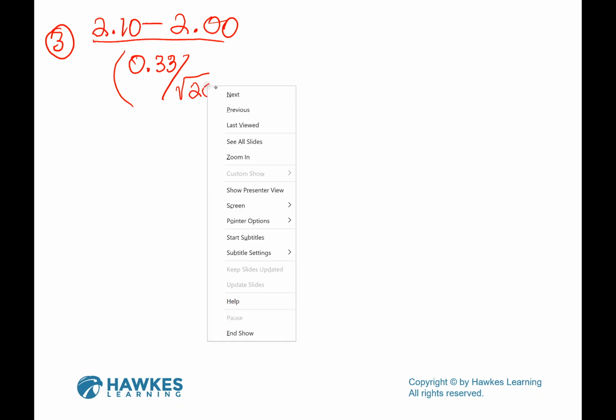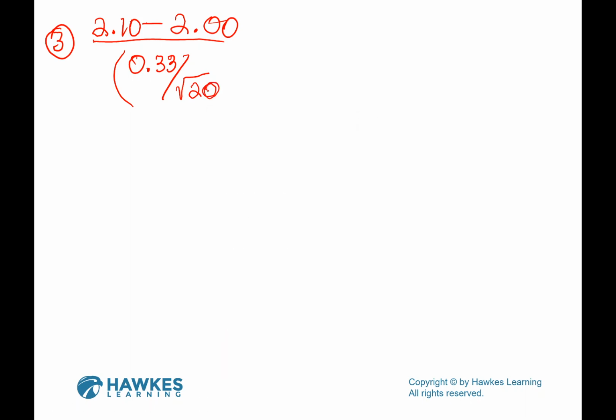We have 2.10 minus 2 over 0.33 divided by the square root of 20, and three decimal places here.